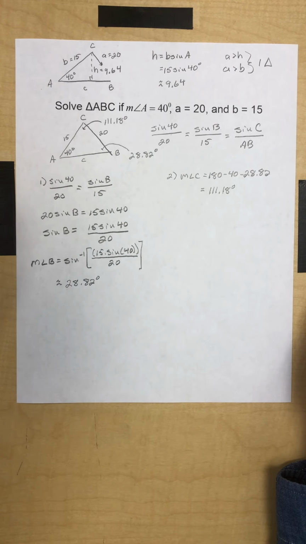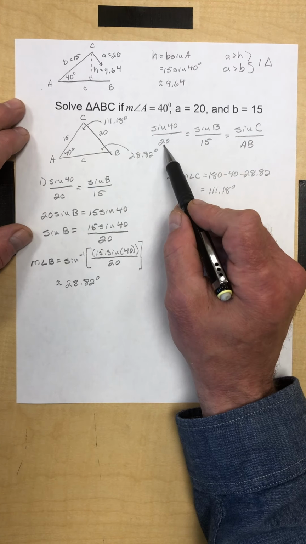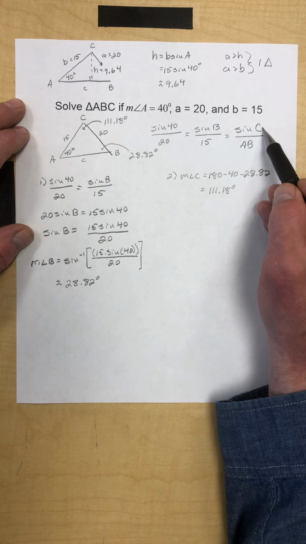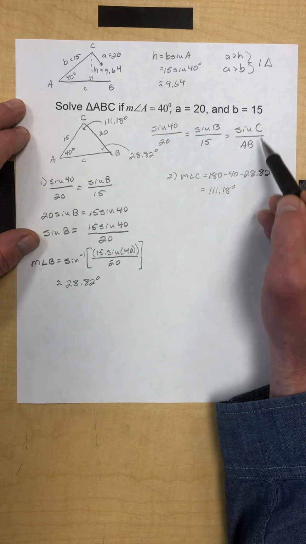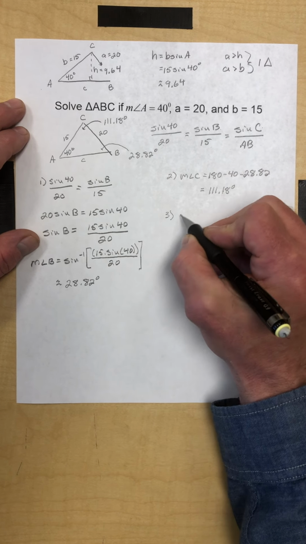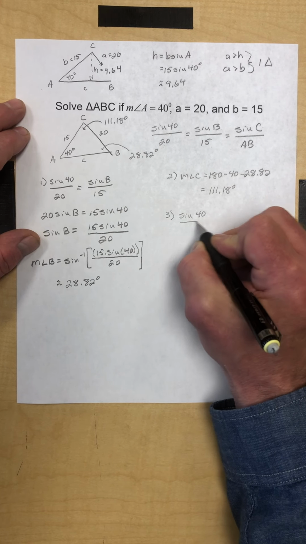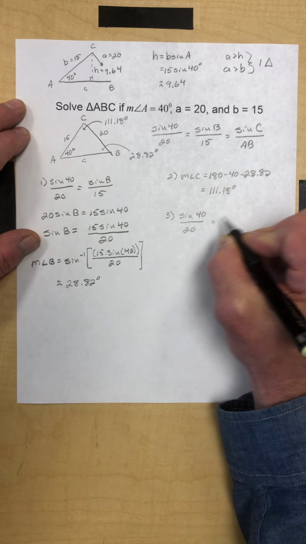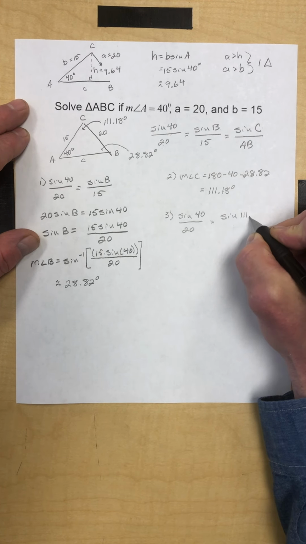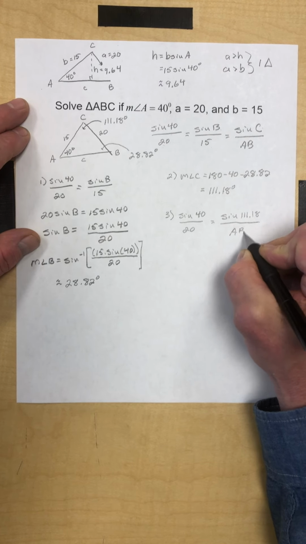The last thing I have to do is find this side AB. So I can set up the law of sines, and we now know a good approximation for the measure of angle C, so we can solve for our missing side length. The sine of 40 over 20 equals the sine of angle C, which is 111.18, all over our missing side length, AB.